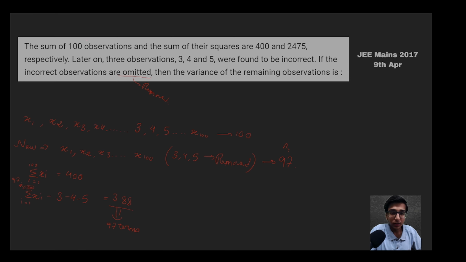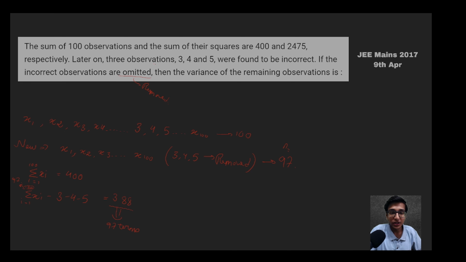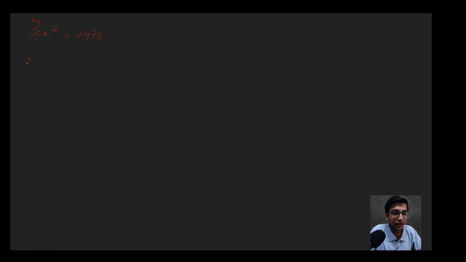And the sum of squares is 2475. That means summation xi square, i is equal to 1 to 100, is given to us to be 2475. And now if we remove these 3 observations from the squares, then we would get i is equal to 1 to 97. Let us assume that those 3 numbers 3, 4 and 5 are the last observations. So we would get xi square minus 9 minus 16 minus 25, this would give us 2475.